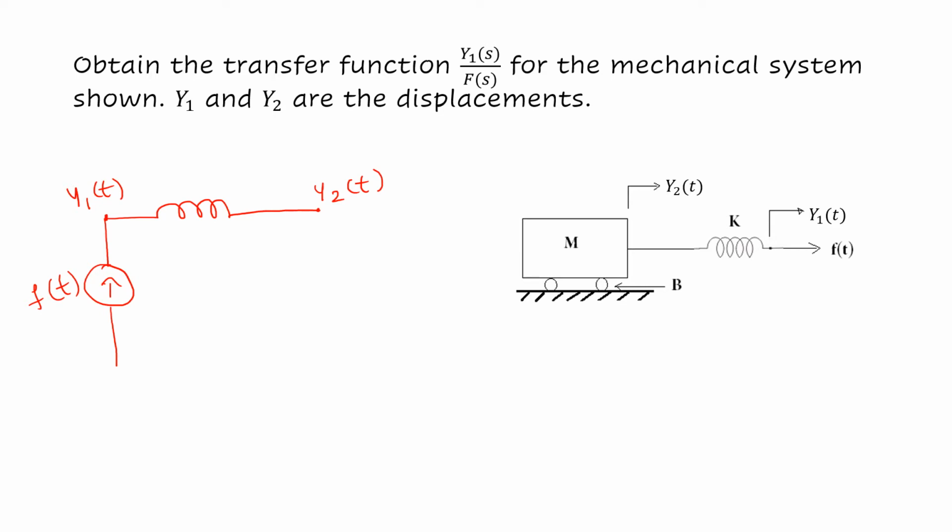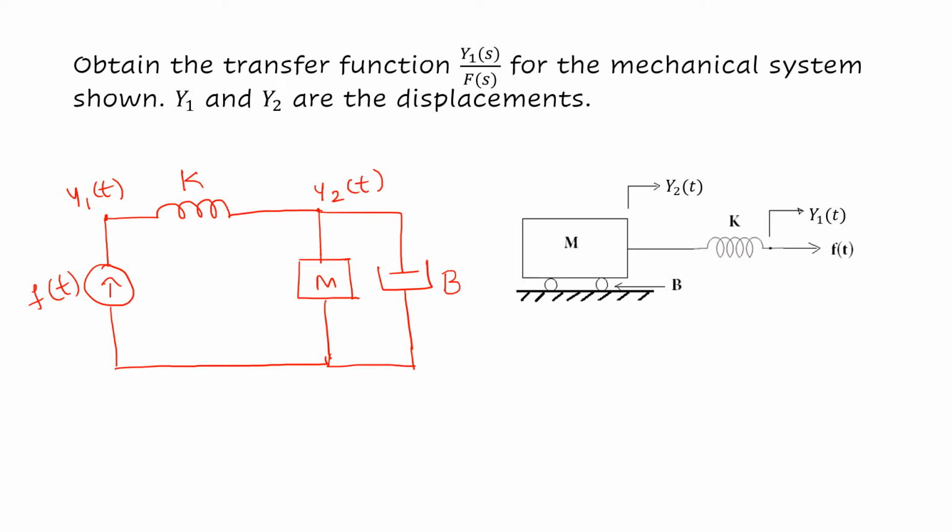Then the mass m and the damper experience displacement y2, so here we represent the mass m and the viscous friction b. So we have the equivalent mechanical network.